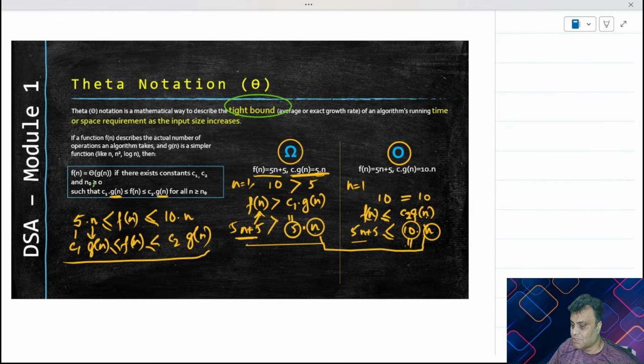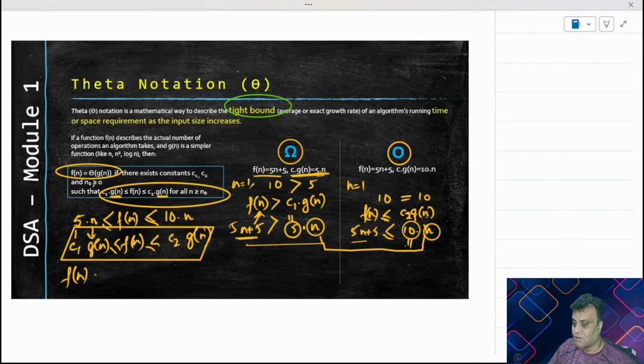Now this equation is the same as this equation. If that satisfies, I can say Fn equal to theta of Gn. That is the tight bound or average bound of Gn, which is equal to theta of n.